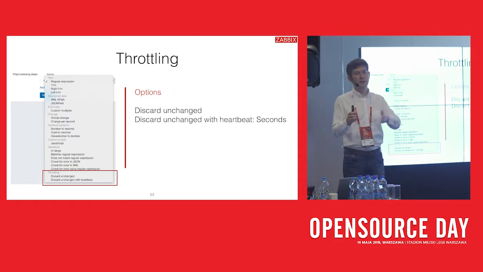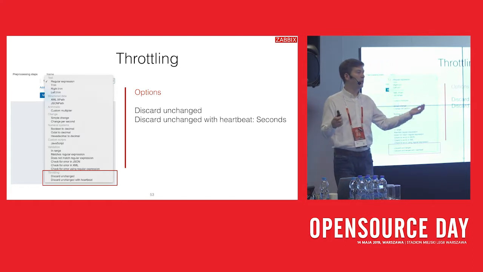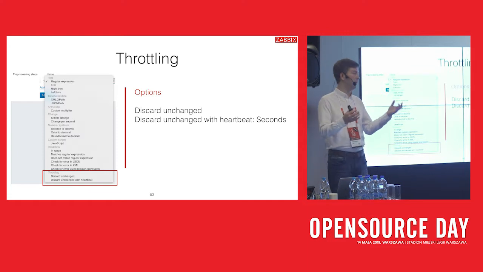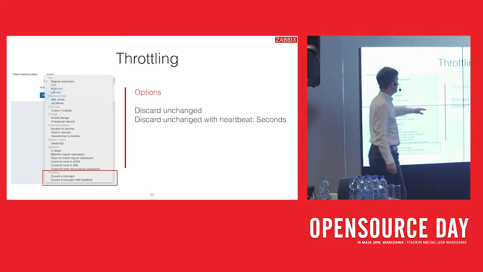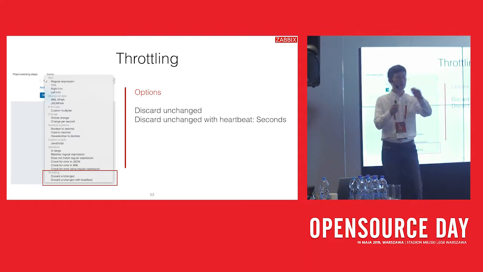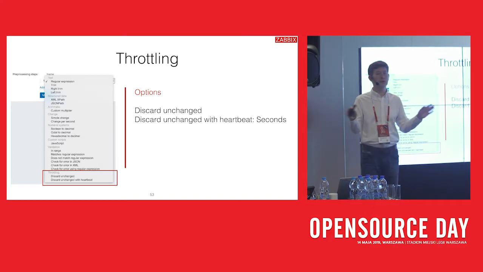Every minute or every 10 seconds, 1, and it will be kept in your database. It will be processed by Zabbix. It just takes tons of resources, yeah? But now we may use the option discard unchanged. If the value is the same, Zabbix will drop this value. It will not be stored everywhere.